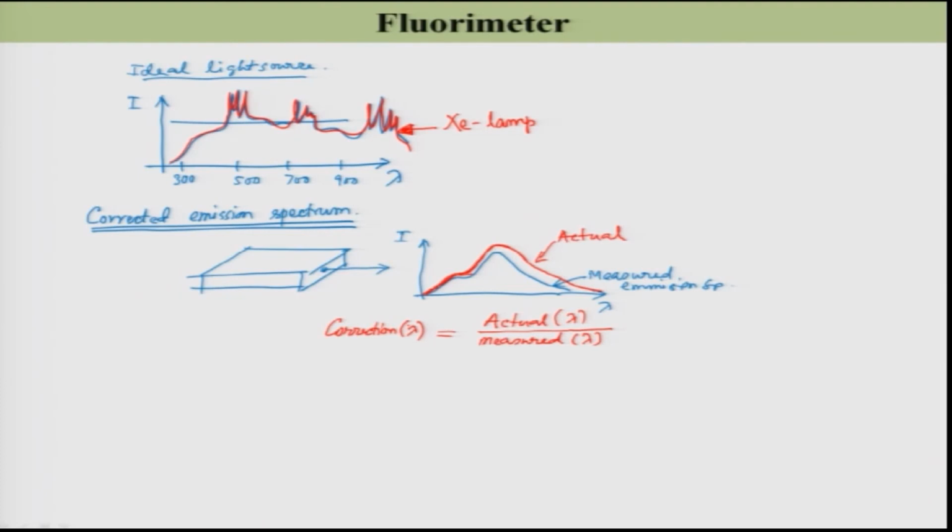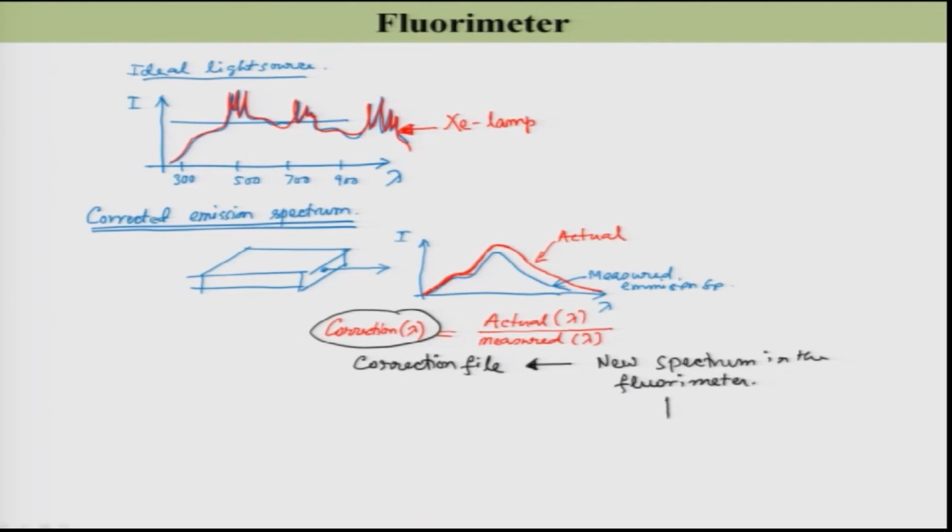That means whenever you are going to measure some spectra, you simply have to multiply your spectra with this correction file. So, in this case what you are going to get is the correction file, and whenever you measure a new spectrum in the fluorimeter, you have to process it.